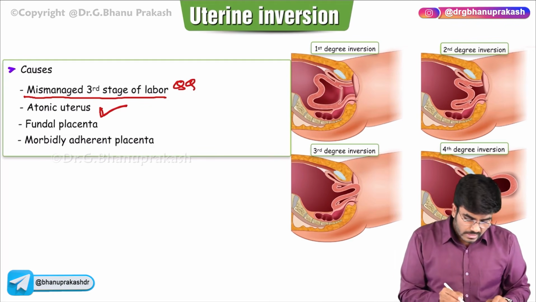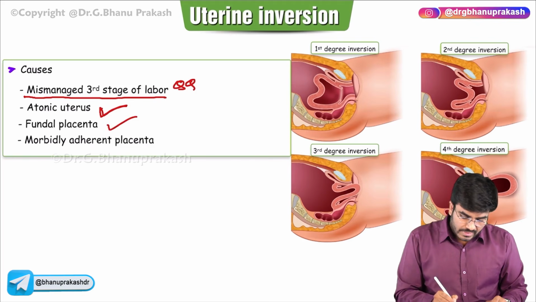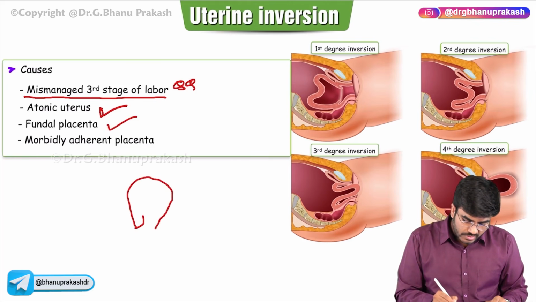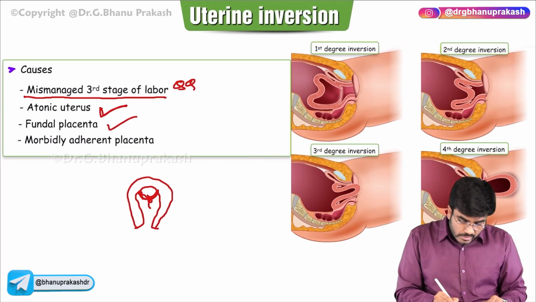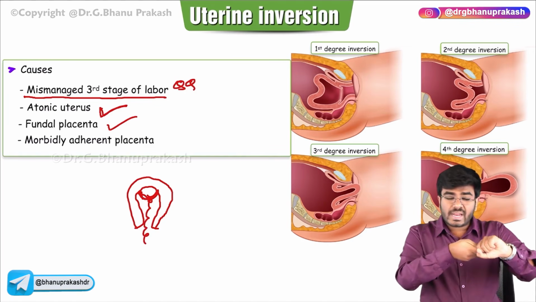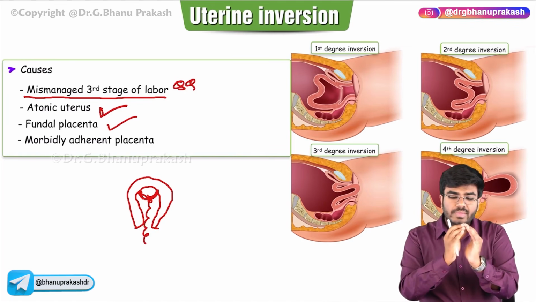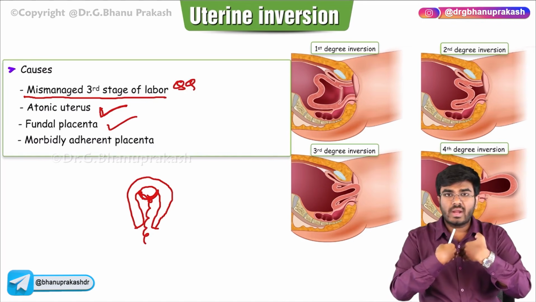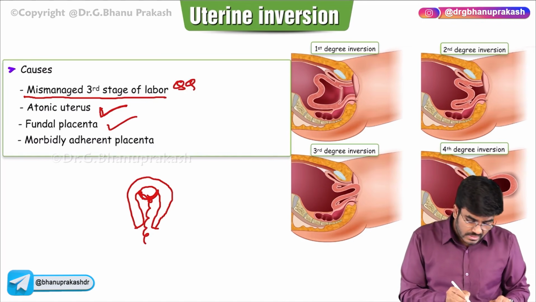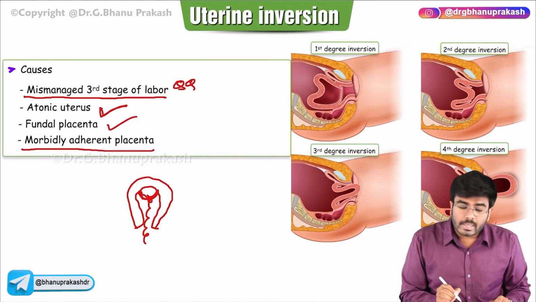If there is a fundal placenta, yes, see, this is the uterus and here is the placenta, fundal placenta. Now, with such a fundal placenta, the cord is going to be something like this. Whenever you do traction of the cord, there will be inside out turning of the fundus. So fundal placenta is a risk factor, and so is morbid adherent placenta.